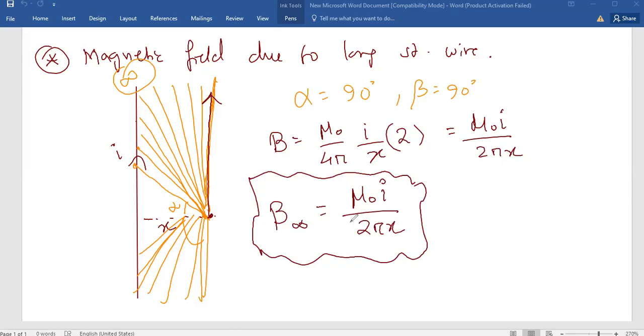Is it okay? So long means both sides, your point of observation is anywhere in between, and this side it is infinity, this side also infinity. And direction will be the same thing. It will be cross, it will be dot. Okay.